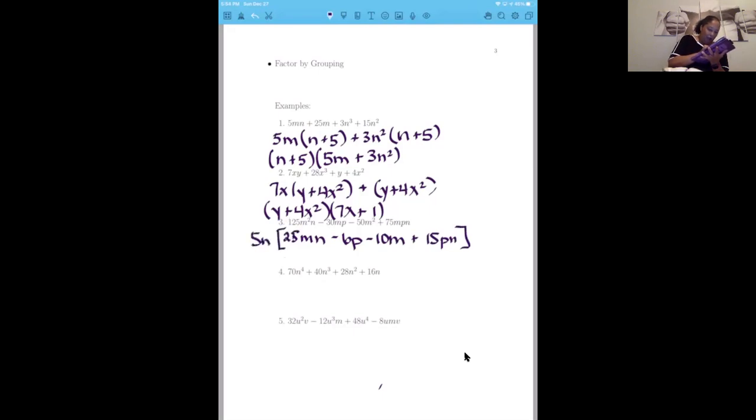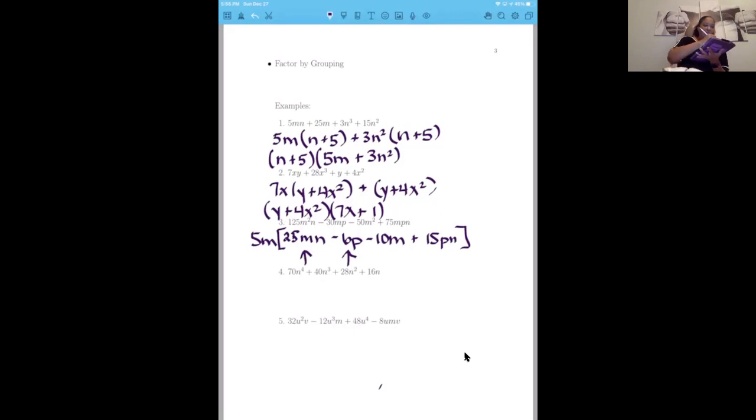Now, if I group the first two terms together, the 25mn and the negative 6p, they have nothing in common, right? So I would have just one group by itself. And then the next two, they both have a factor of 5 in common.